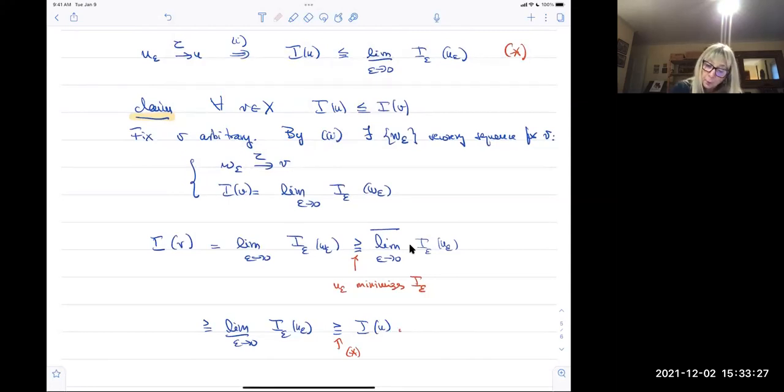So I proved that indeed I of U is always below any I of V. So you see, that's automatically what we get from the definition.